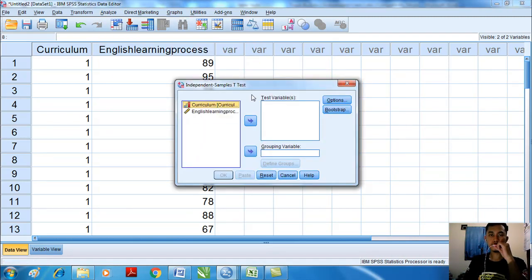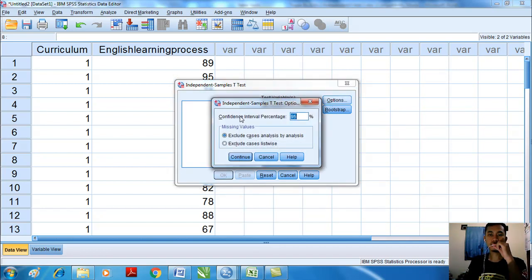Remember the test variable means the dependent variable. You click dependent variable and then move to the right. For grouping variable, you choose curriculum and move to the right on the grouping variable column.